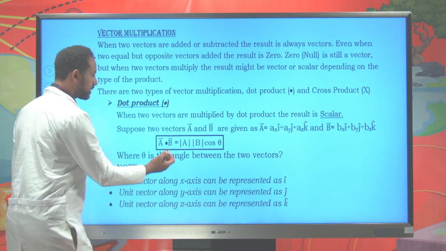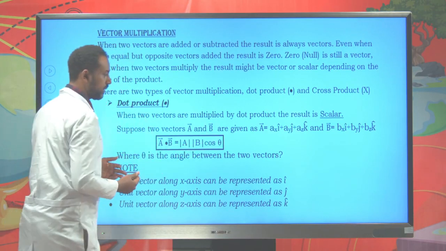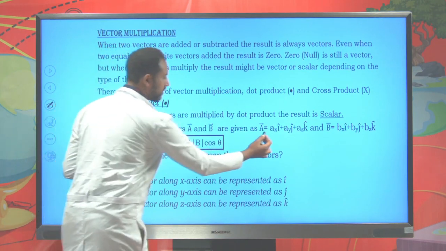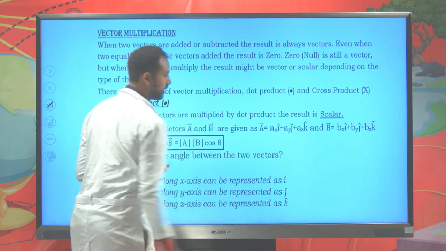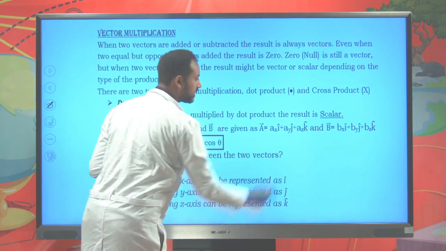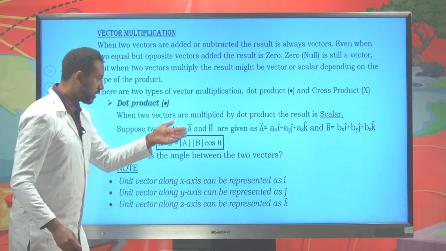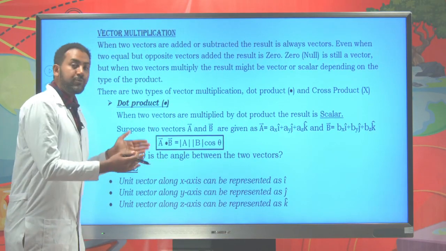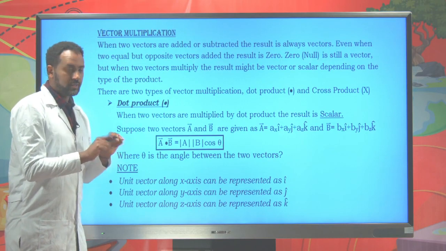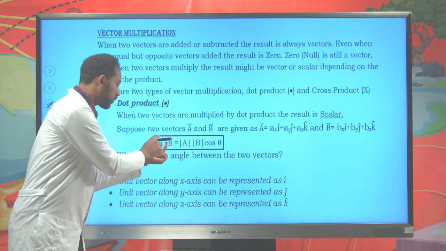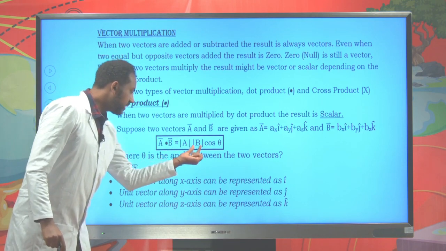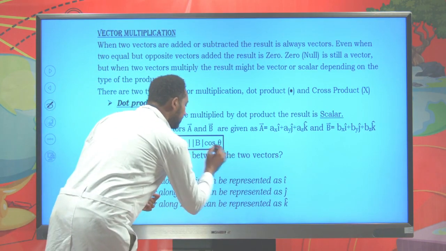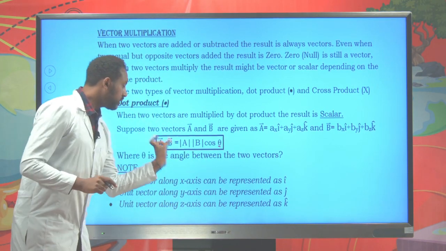Suppose here you have two vectors, let's say vector A and vector B. Vector A can be given using its vector notation form: ax in the i, ay in the j, plus az in the k. Vector B can be given as bx in the i, by in the j, and bz in the k. Therefore, the dot product of these two vectors is given to be the magnitude of A, the magnitude of B, cosine of theta, where theta is the angle between the two vectors.